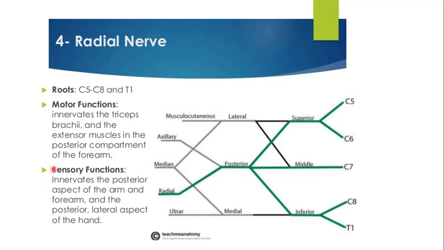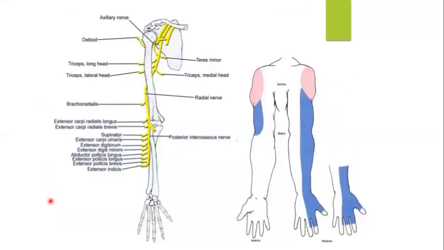And in sensory functions, it innervates the posterior aspect of the arm and forearm, and also parts of the hand. Here in the diagram you can see the blue colored regions on the lateral side of the arm, forearm, and the hand. All of these are supplied by the radial nerve.